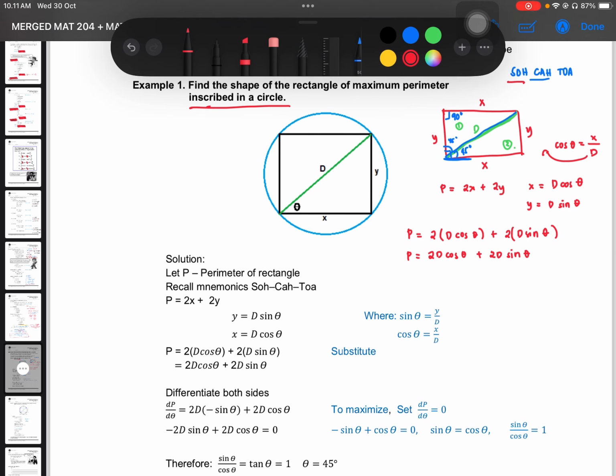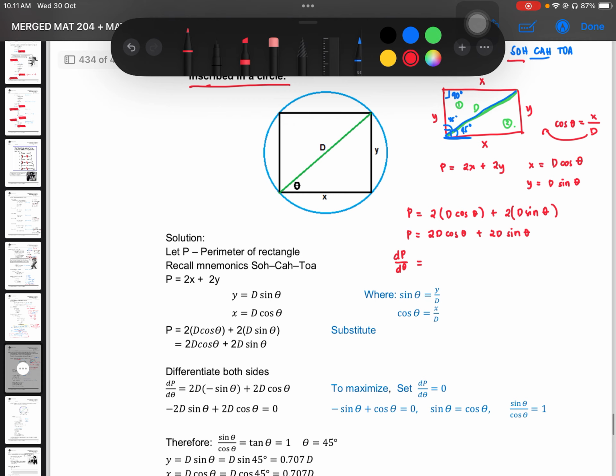Let's say d is a constant, since there is only one diagonal. So, we get the derivative of P with respect to theta, since we have cosine theta.